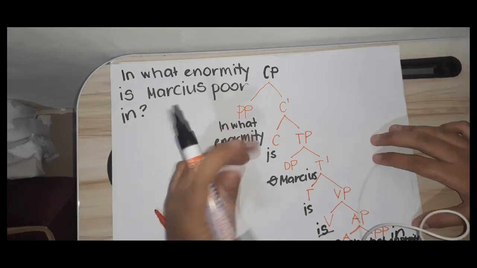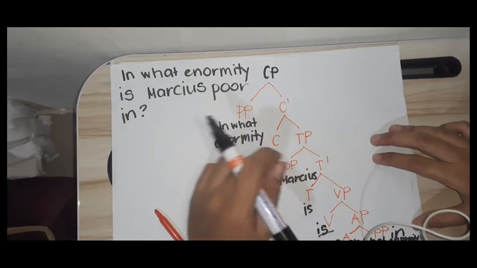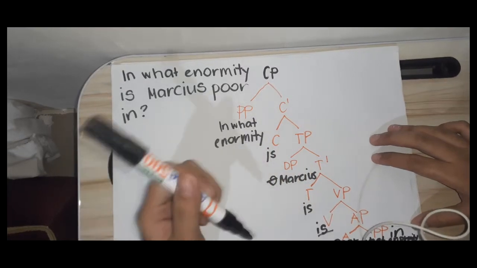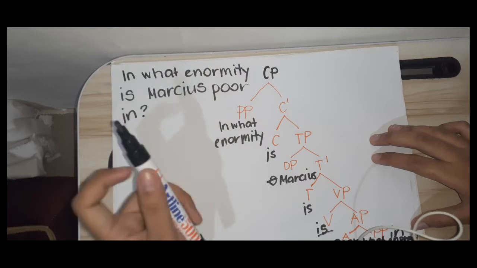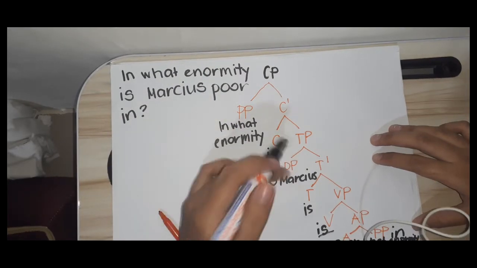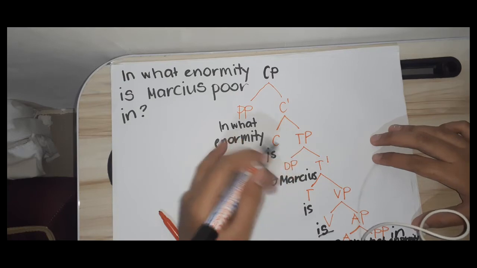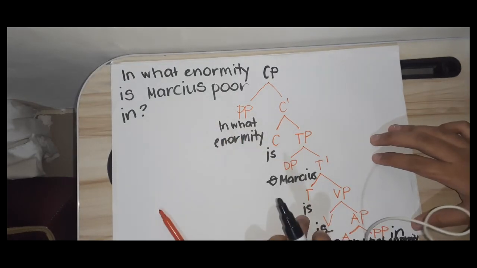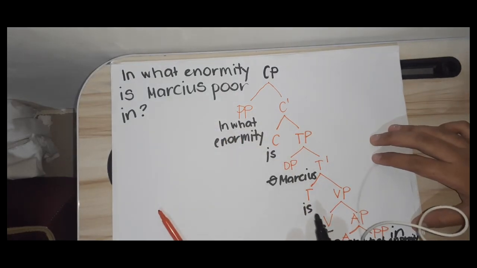So in what enormity matters for in. Thus the preposition copying structure is like evidence that WH movement is a composite operation involving WH copying and WH deletion.